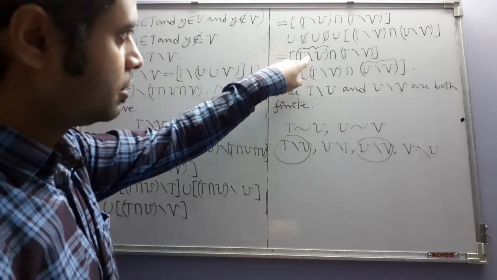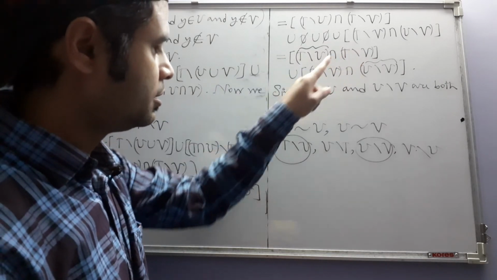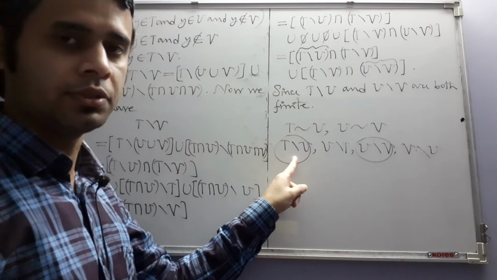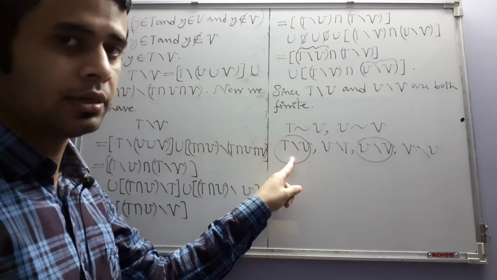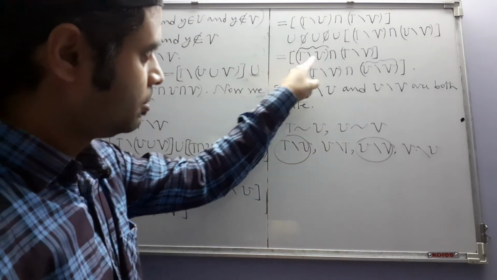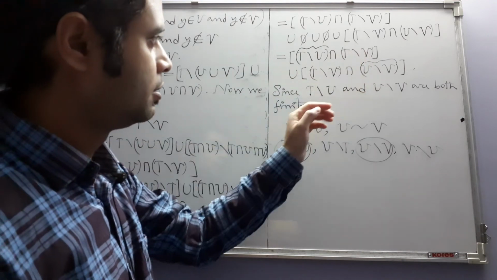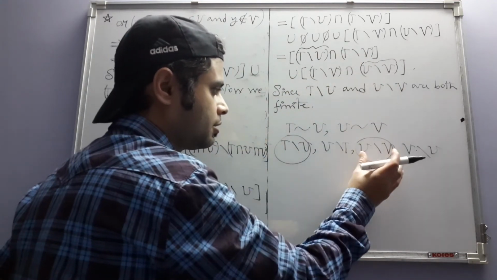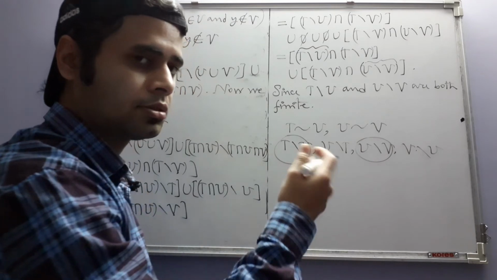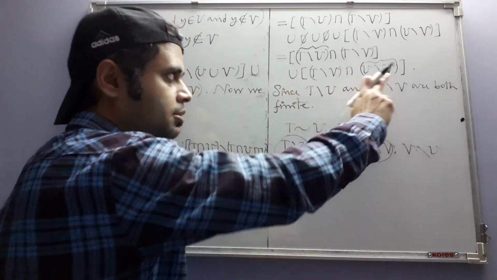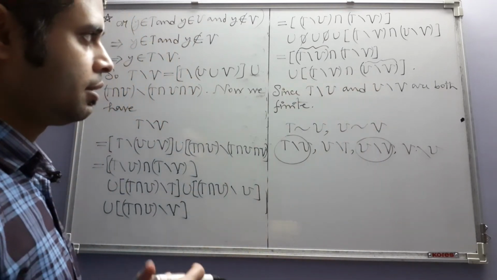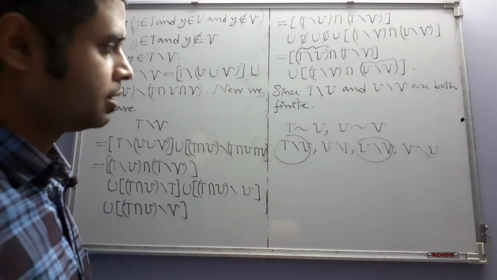Note that this first intersection is a subset of this because it is an intersection. So this set is also finite and the second intersection is a subset of this. So finiteness of this implies this second set is also finite, and so their union is also finite.